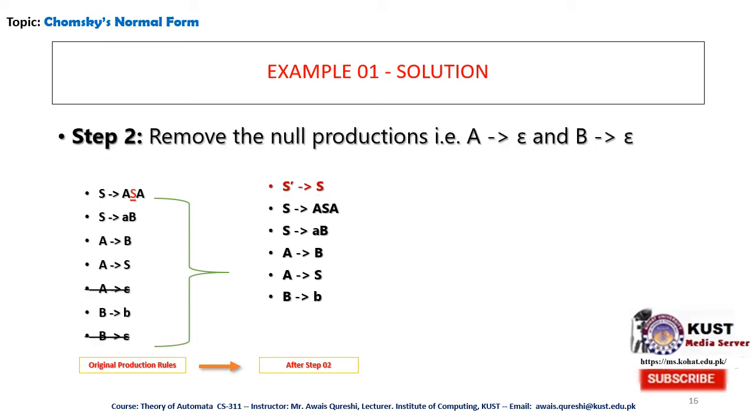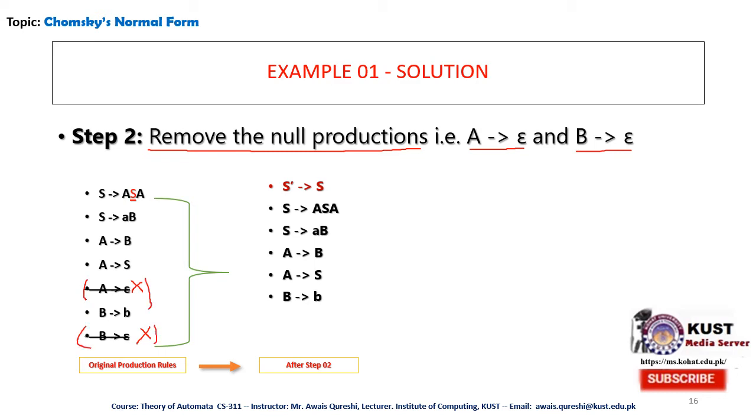The second rule states that we have to remove all the null productions, that is A implies epsilon and B implies epsilon. So as you can see, we have removed this one and this one. So this is the second step in which we have removed all those null productions. Null productions have been removed.